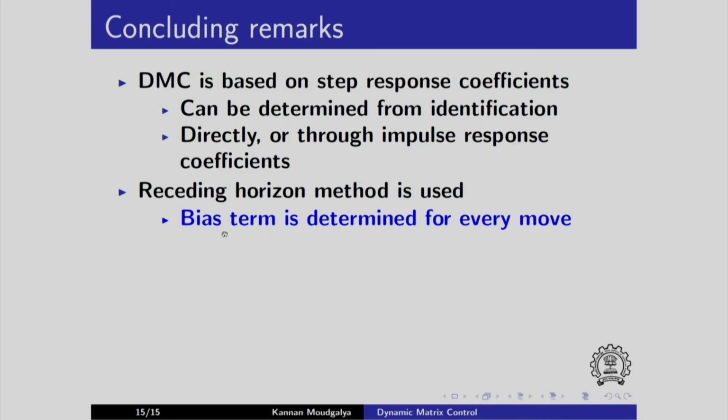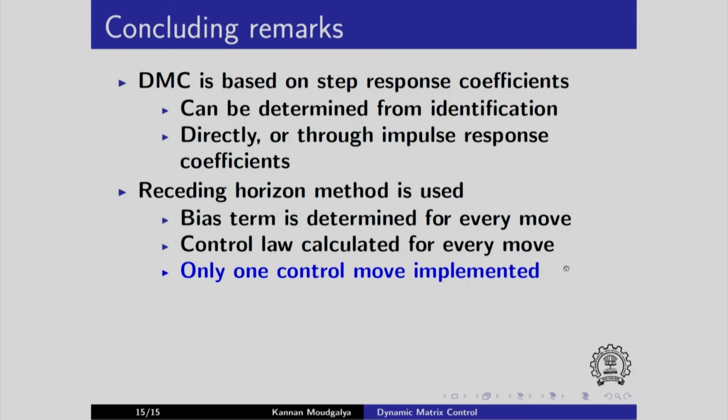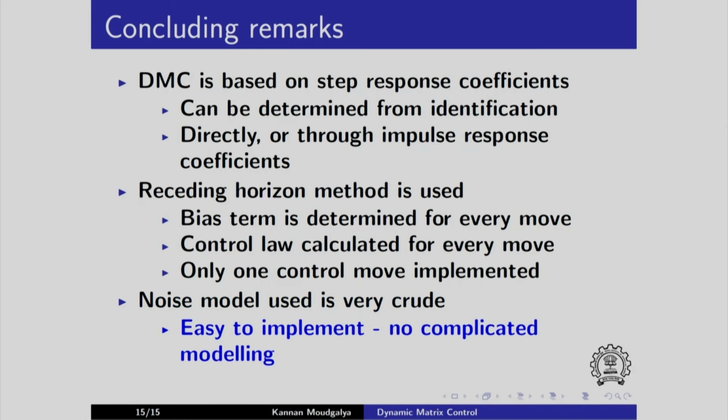In DMC also we use receding horizon control, wherein we calculate the bias term for every move. The control law is calculated for every move. Only one control move is implemented, however. The noise model is very crude, but it is easy to implement. There is no complicated modeling.